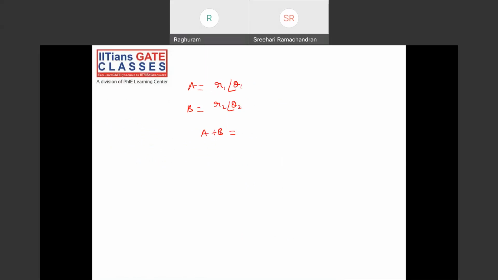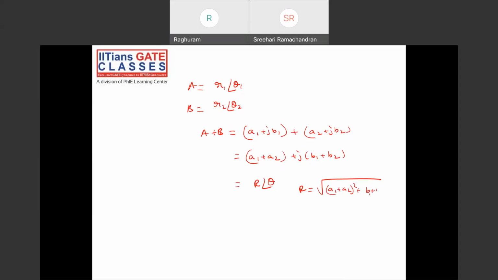Convert these into rectangular form, like A1 plus jB1 plus A2 plus jB2. Then you can add A1 plus A2 plus j times B1 plus B2. Now you can convert it back to R at an angle theta, where R is equal to under root of A1 plus A2 whole square plus B1 plus B2 whole square.